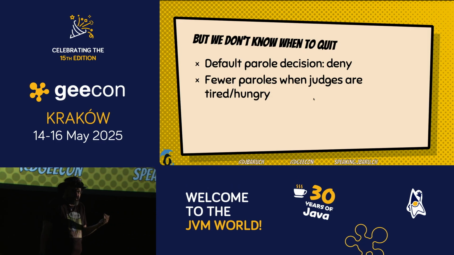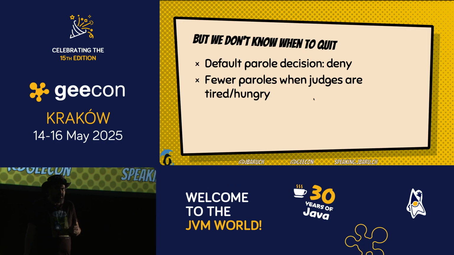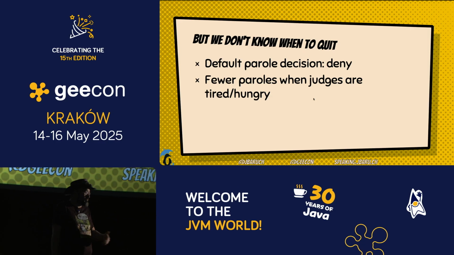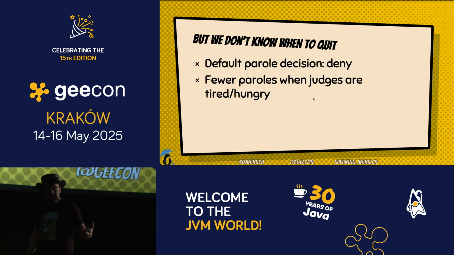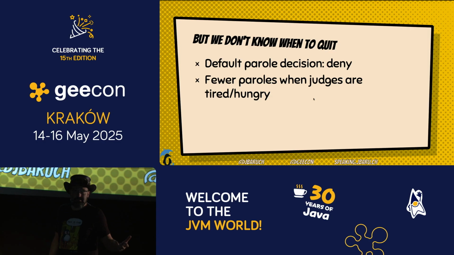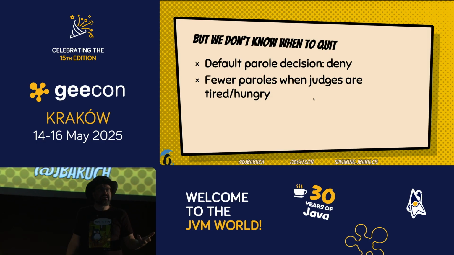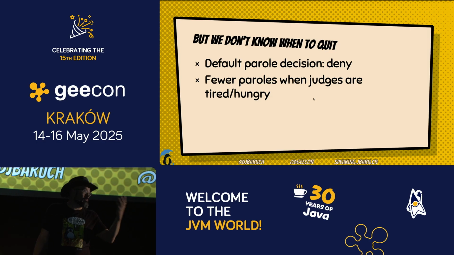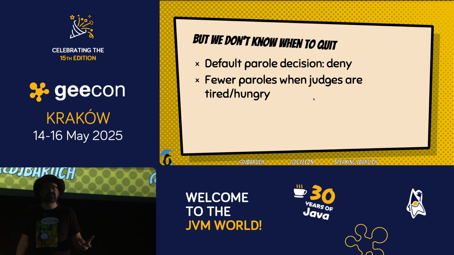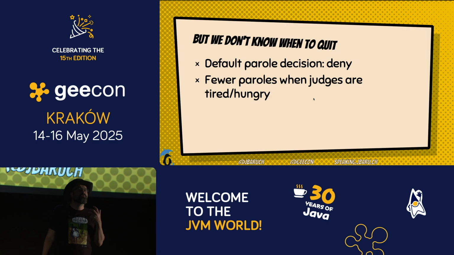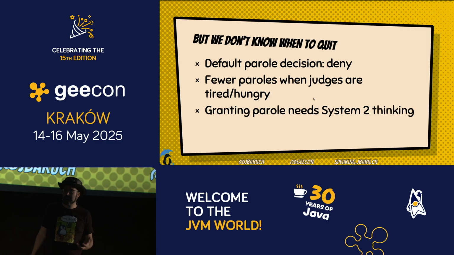Now, obviously, this wasn't a deliberate behavior. Parole judges want to do a good job. If they realized that their behavior is affected by hunger and tiredness, they would definitely stop. But they didn't realize it. We don't know where to stop.